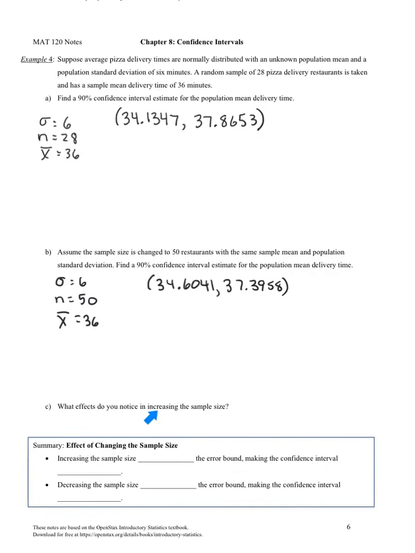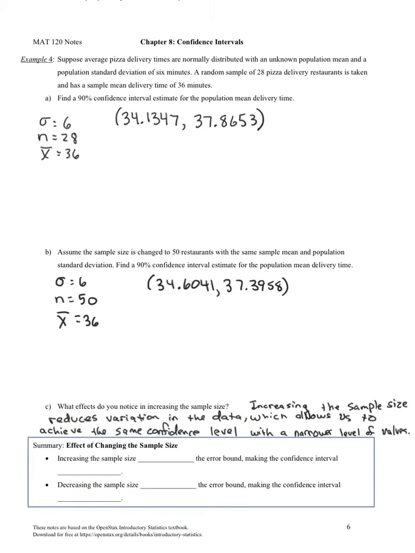What effects do you notice in increasing the sample size? Well, increasing the sample size reduces variation in the data, which allows us to achieve the same confidence level with a narrower interval of values.